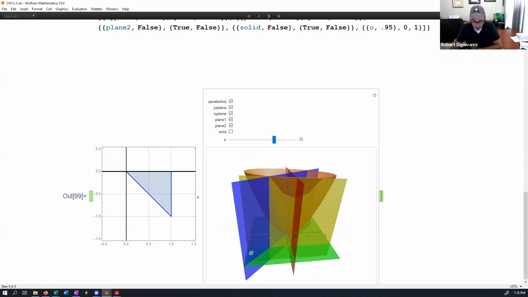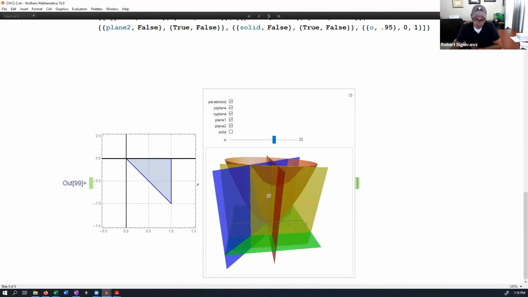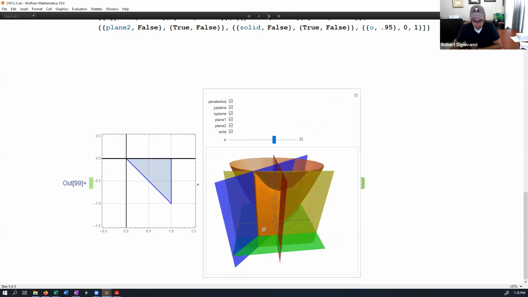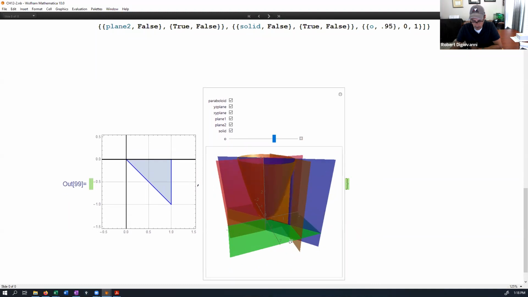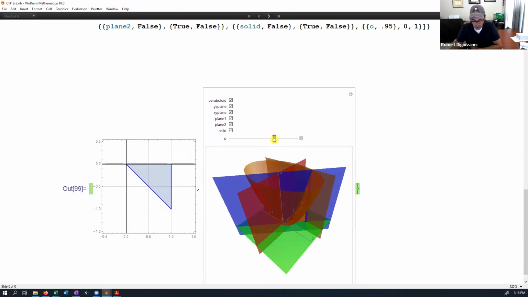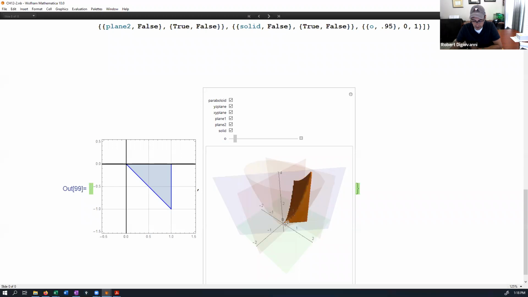So the top of our solid is bounded by that surface, and the bottom is bounded by the XY plane. So here comes the solid. It's right there. Now this all gets in the way, so I'm just going to pull all the boundaries out. Give my computer a second. It's thinking.